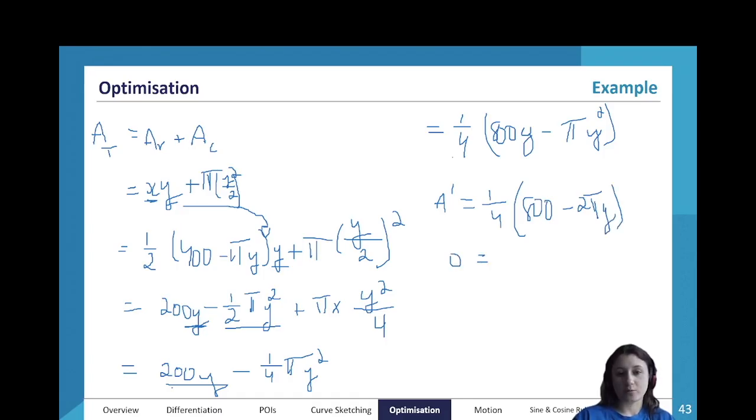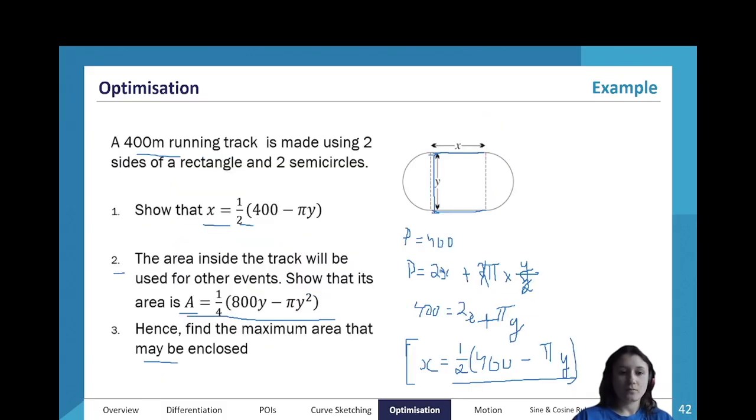Find when this equals 0. So that quarter will already be cancelled out. Take the 2 pi over to the other side, giving us 400 divided by pi.